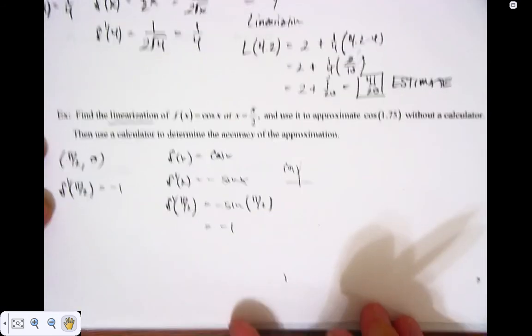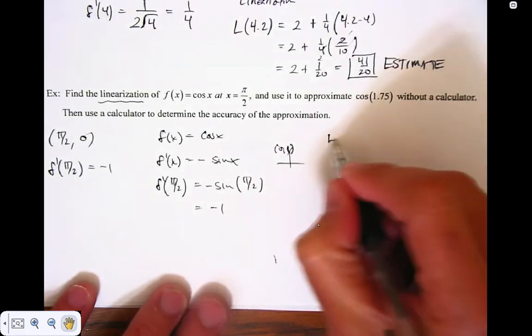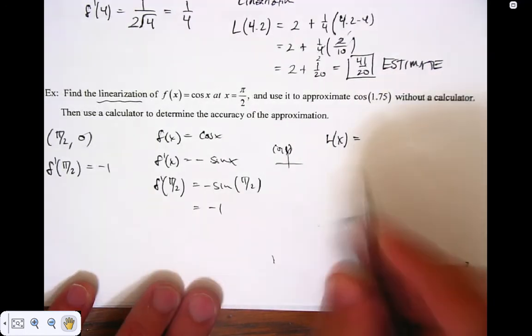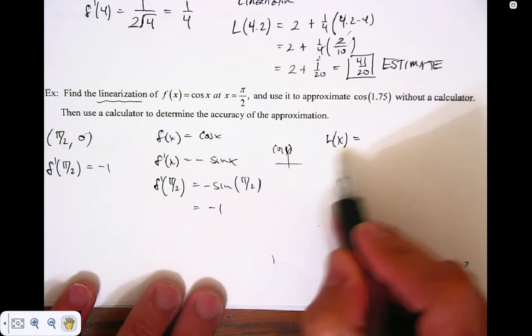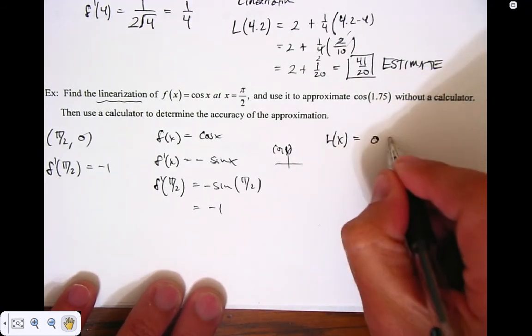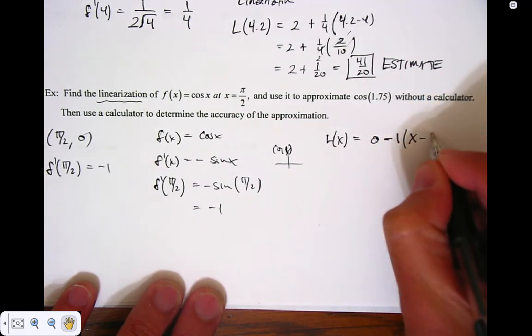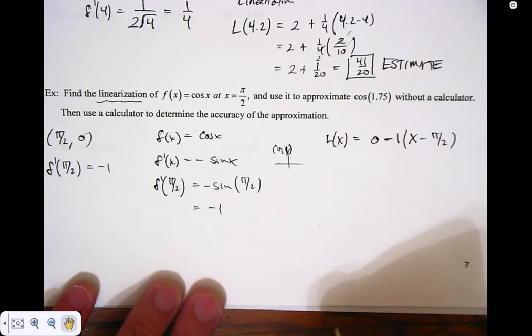Okay? And so what we're going to do is say that our linearization model, which is fancy for tangent line, is just that, a tangent line. So it's the y value, which is 0, plus the slope, which is minus 1, times x minus the x value, which was pi over 2.